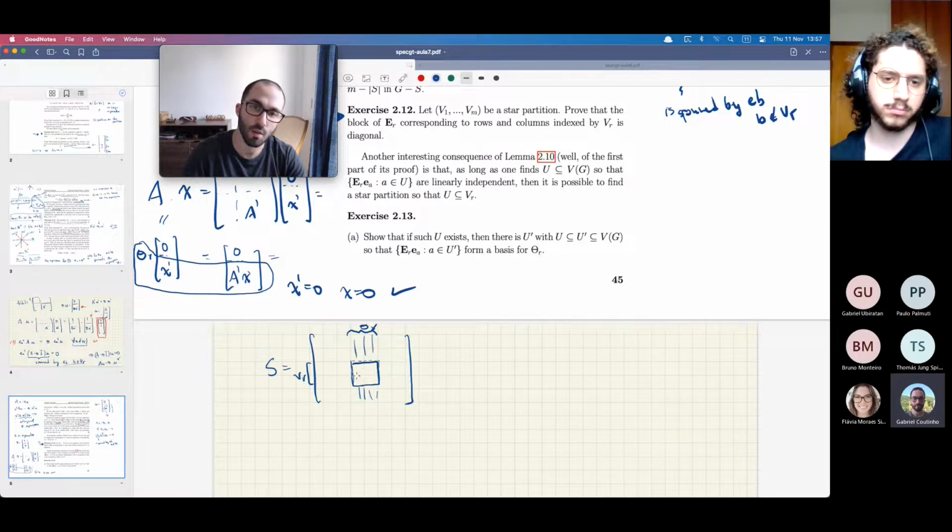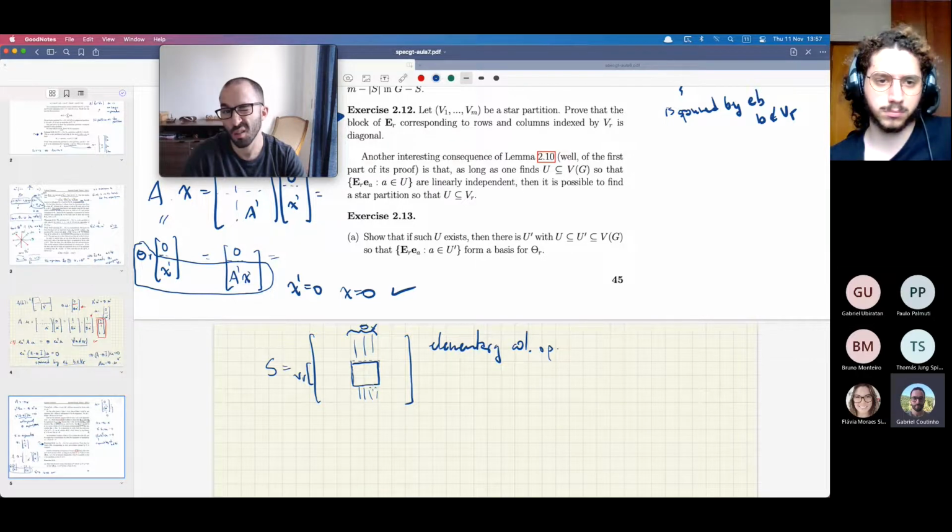Now, if this is non-zero determinant, you can perform row column operations so that this matrix becomes diagonal. So perform elementary column operations so that this becomes diagonal. Now, is this making sense? Because the remaining vectors are not going to be orthogonal anymore, will they?